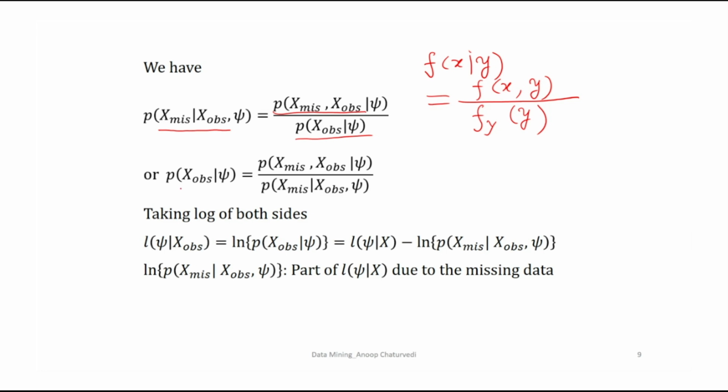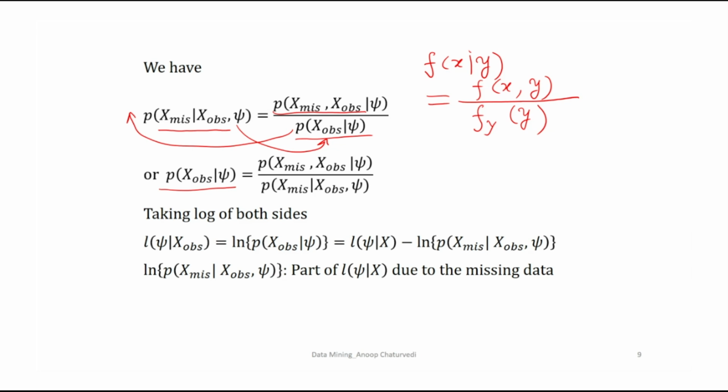Or you can write p of x observed given psi is equal to p of x missing, x observed given psi divided by p of x missing given x observed and psi. So, we just take the denominator here and this part here, and we come to this expression.